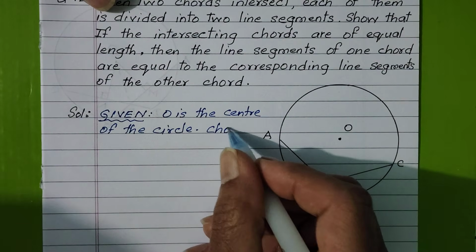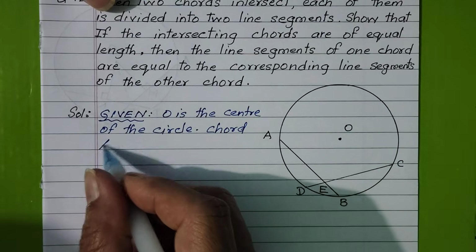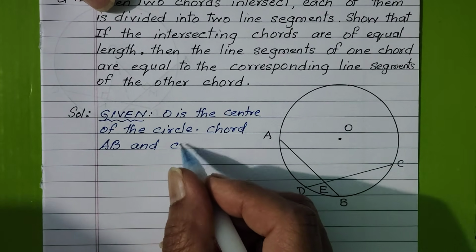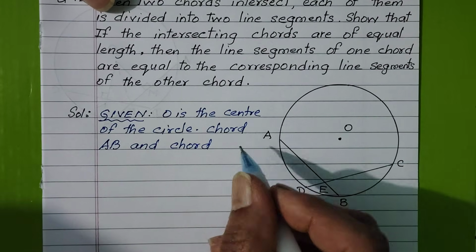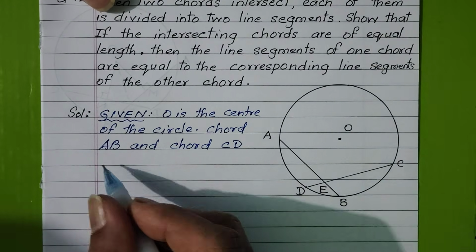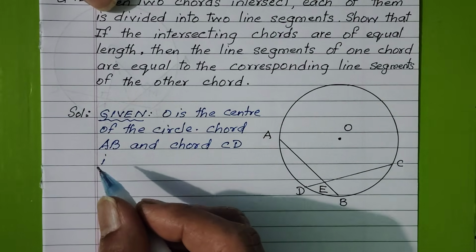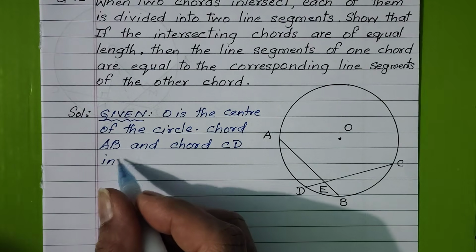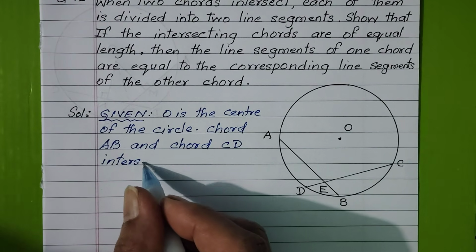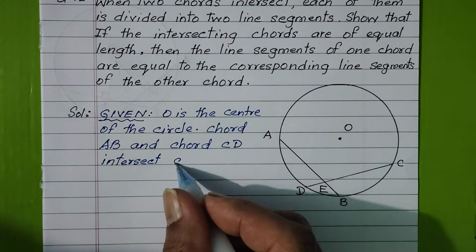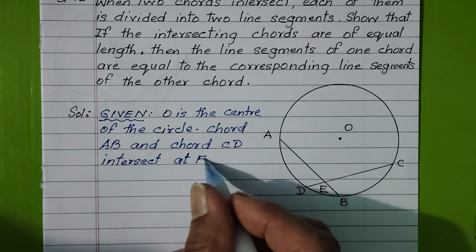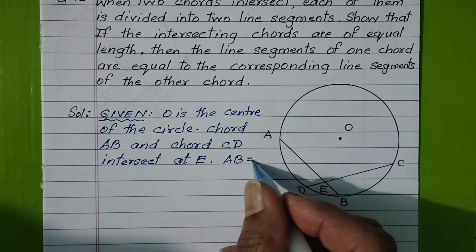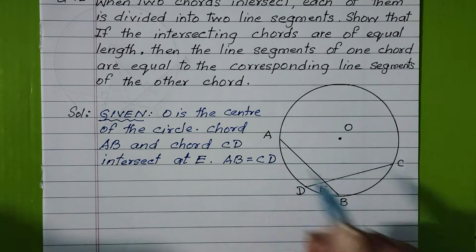Chord AB and chord CD intersect at E, and AB is equal to CD. This is given to us.